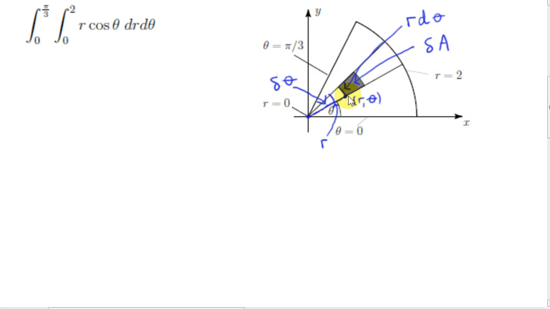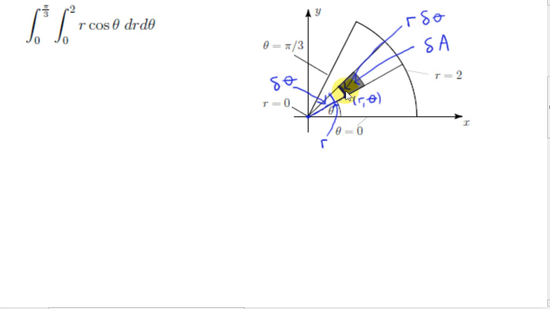Now the distance from the origin to this point is of course r, because this point has coordinates r, theta. Let's get this side of the area element. Since theta is in radians, if we multiply r by delta theta, we will have this side here.